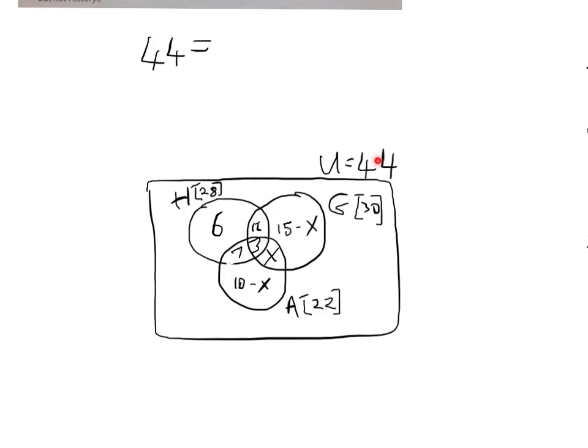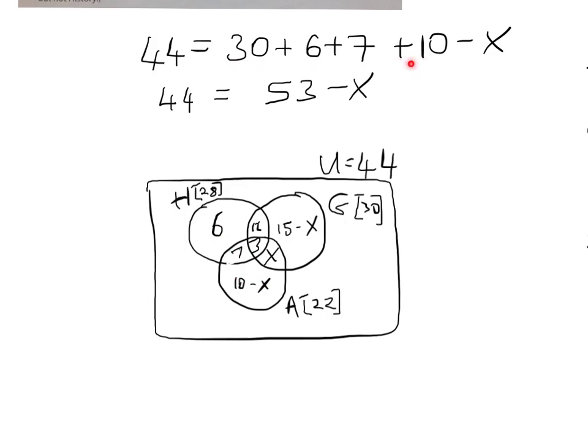So normally you'd set 44 equal to the sum of everything in here. But instead of doing that, what I'm going to suggest is let all of this equal to 30, because you know that the sum of everything in here is equal to 30. So we can say that 44 is equal to 30 plus 6 plus 7 plus 10 minus x.